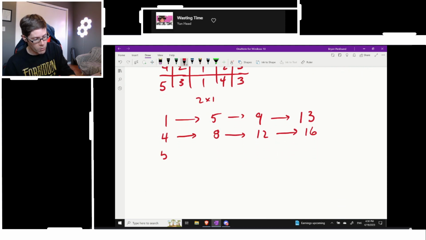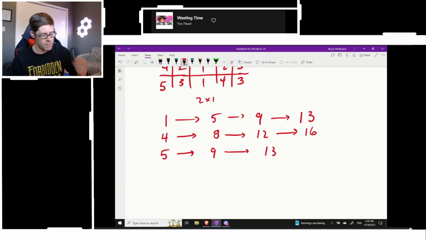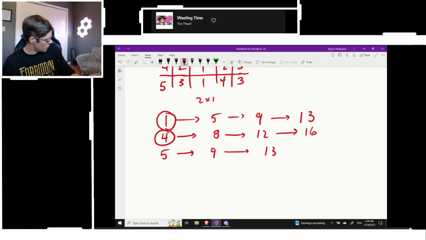And then we know that 5 works too, right? So 5, I guess that's less exciting because that leads us to the same path as before. So these are unique starting points, 1 and 4.